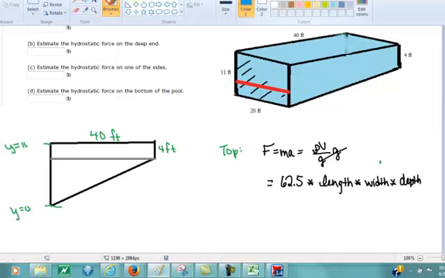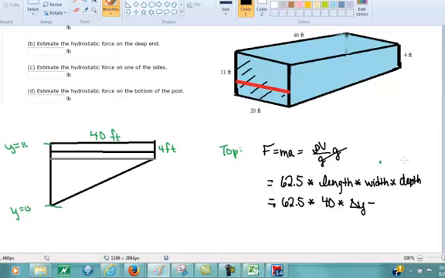Okay, so if I just draw a typical strip in the top part, like say right there. So 62.5. So the length would always be 40 feet in that top part. The width would just be the delta y.